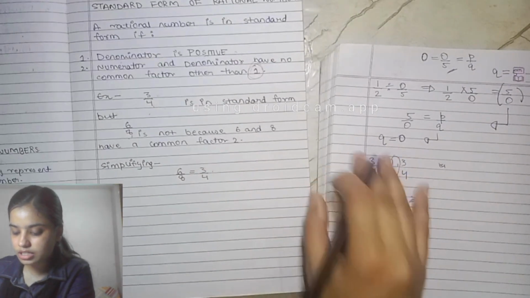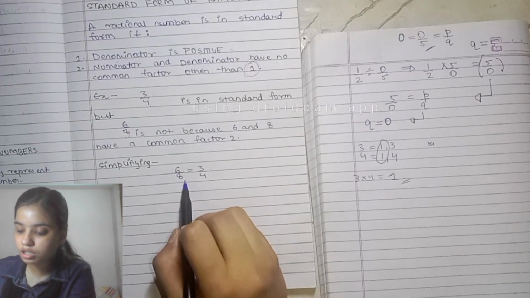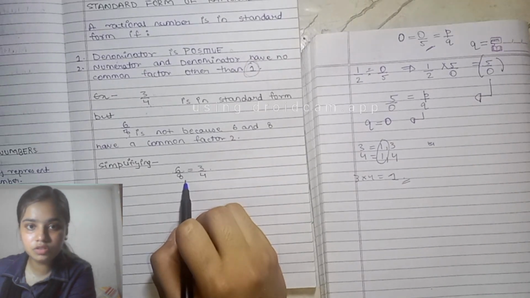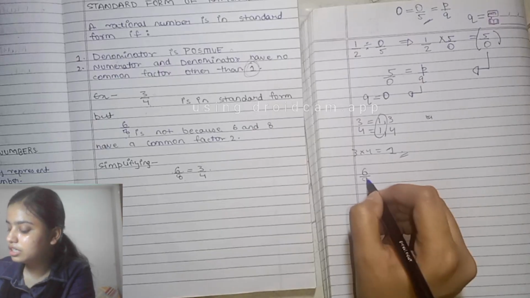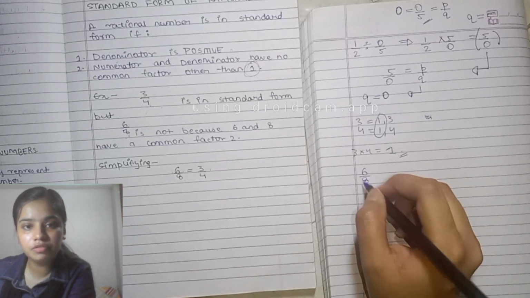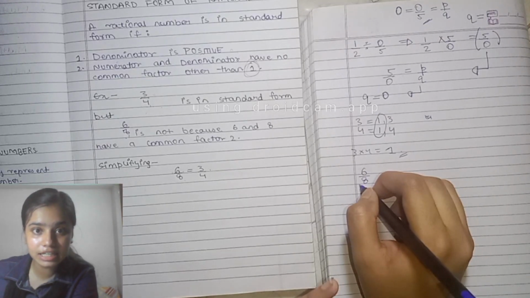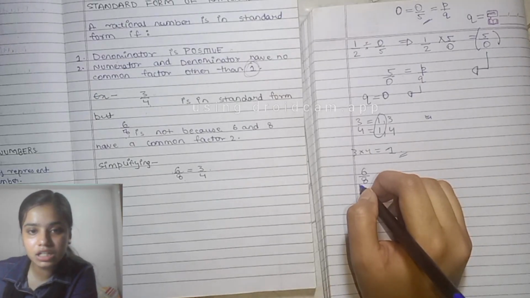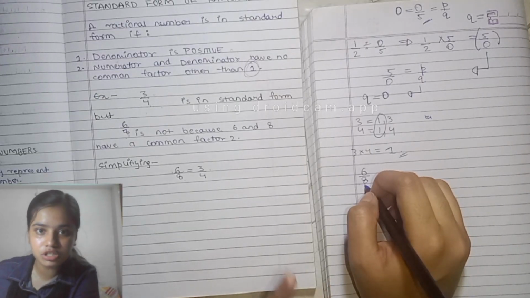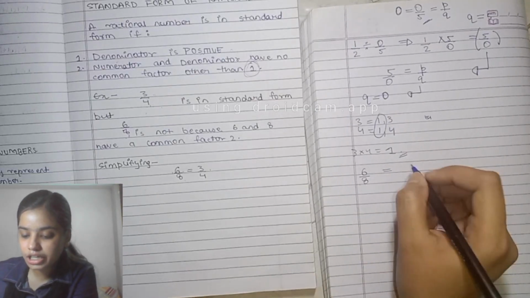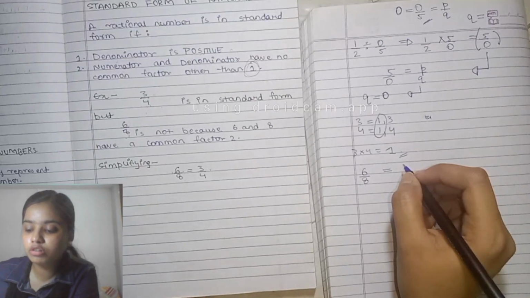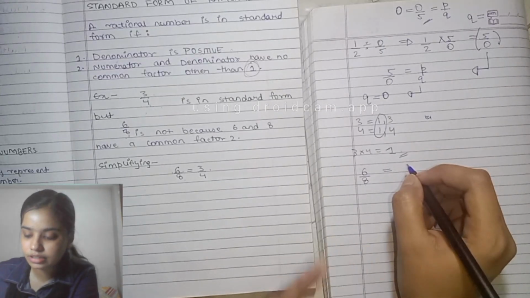Second thing is that 6/8 is not in standard form. Why? So इसको भी हम लोग देख लेते हैं, 6/8 है। ठीक है, तो this number satisfies our first condition, which is that the denominator is positive. So here 8 is positive. Now we go towards our second condition, which is that numerator and denominator have no common factor other than 1.